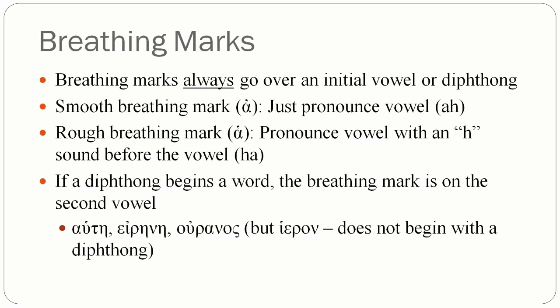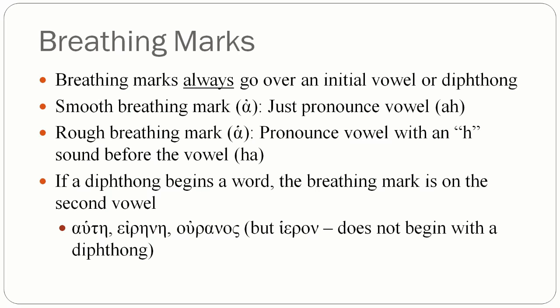Again, smooth breathing mark, just pronounce the diphthong sound. So this one is a, re, ne. And this is a Greek word that means peace. It's also where we get the girl's name, Irene. So if you know anybody named Irene, yeah, her name is the Greek word for peace. Okay, in Greek you pronounce it eirene.